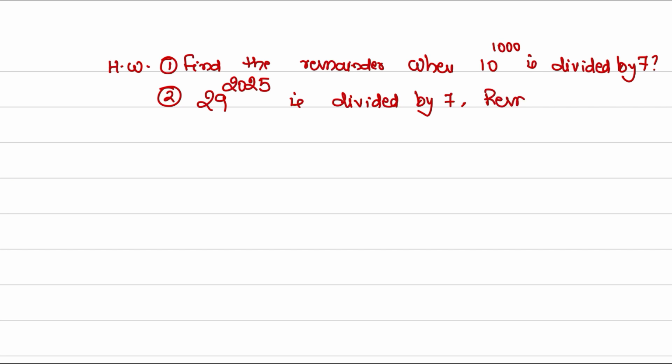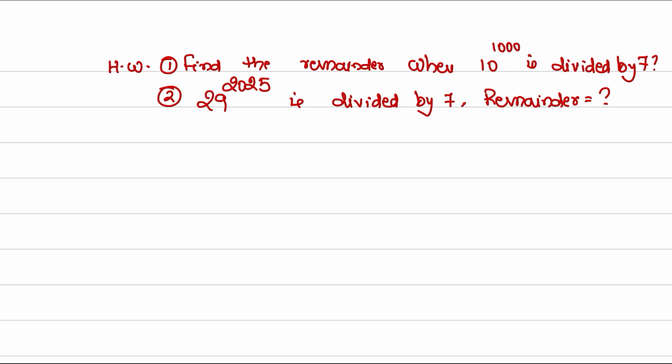Remainder is how much? You can have multiple questions in your hands once you know the theorem. The concept is to apply the Fermat's theorem.